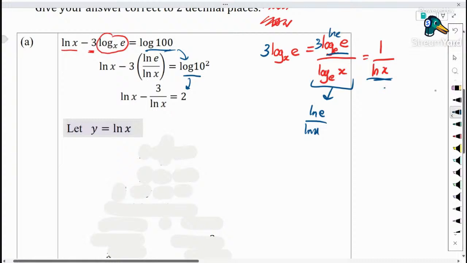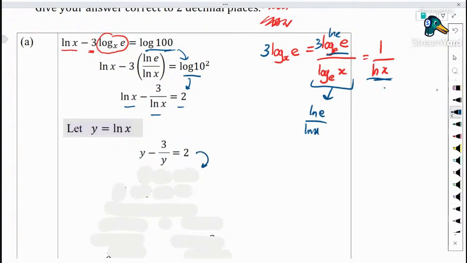By now you're very clear that if you have a log equation like this, it somehow deals with a quadratic later, and you will have a better vision to do substitution. Of course, substitution is not compulsory, but it is very recommended so that the solution later will look simpler. So now, substitute all the ln x to become y.